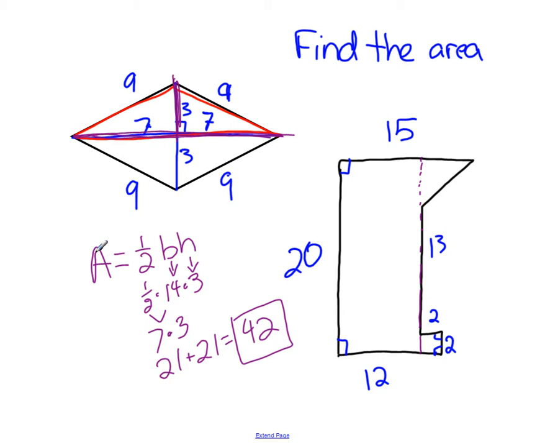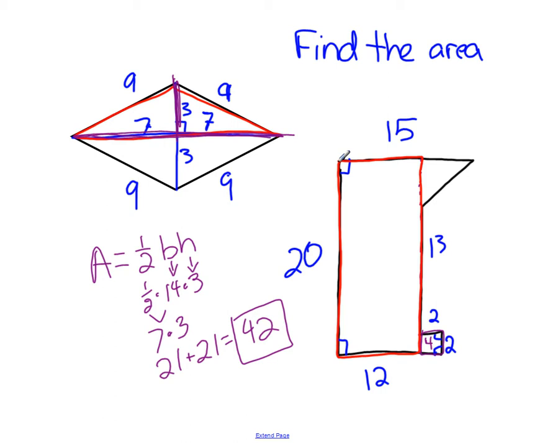So let's start with the smallest piece. How about this square here? That'd be 2 times 2, which is 4. And let's go to the rectangle. This would not be 12 times 20, it's 10. Why is it 10, Jeremiah?